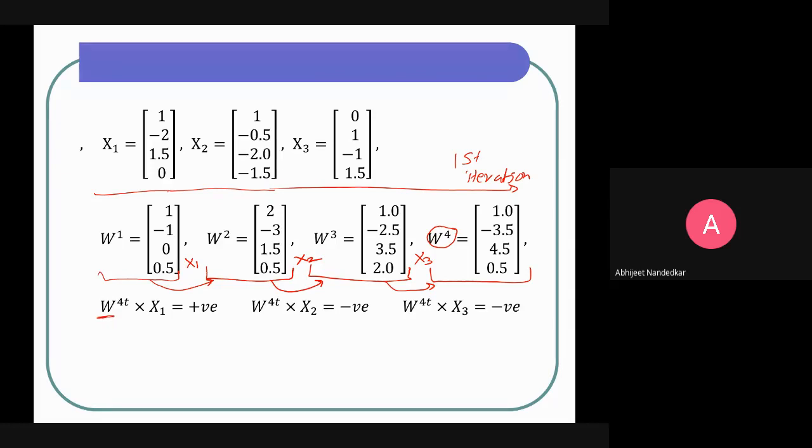So with this final weight, if I apply x1 to the neuron, it will produce +1. For x2, it will produce -1. For x3, it will produce -1. So you must understand these steps. If this is not clear, I will repeat now itself. This will be there throughout the course. So you try to understand the basic steps.